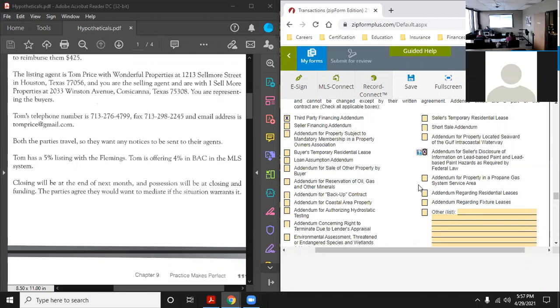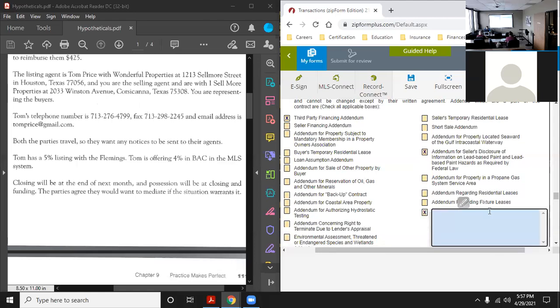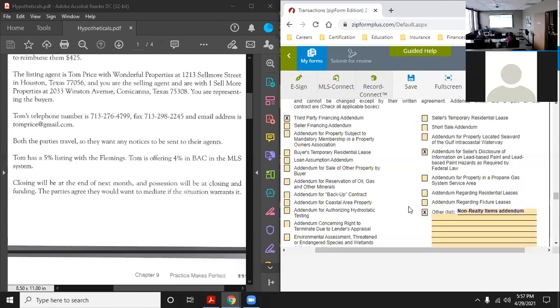Actually, technically, that is all you need for this property, but again, we like to always put in the non-notes addendum, just so we can put in that if anything's left of the property after closing, it becomes property of the buyer. Again, that's not required, especially for this thing. They don't even mention that anywhere, so you don't have to put it in as far as this goes, but as for here, we like to put that in every time just to make sure.